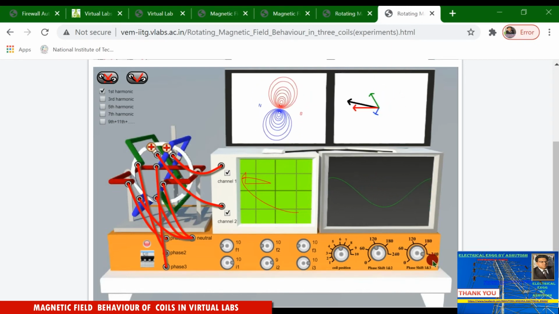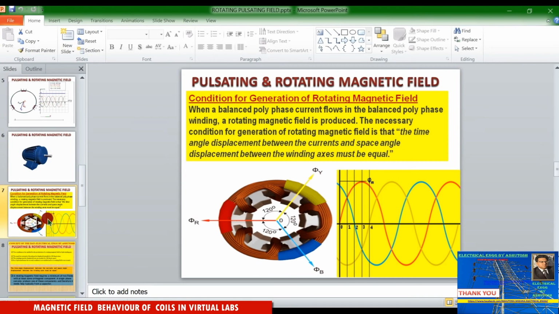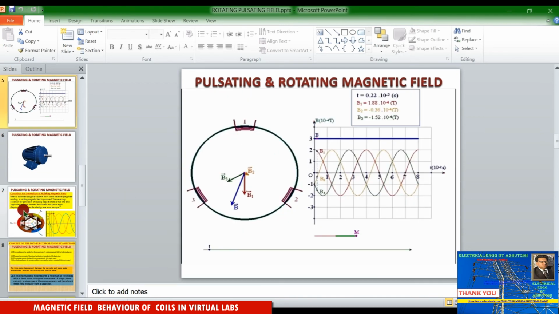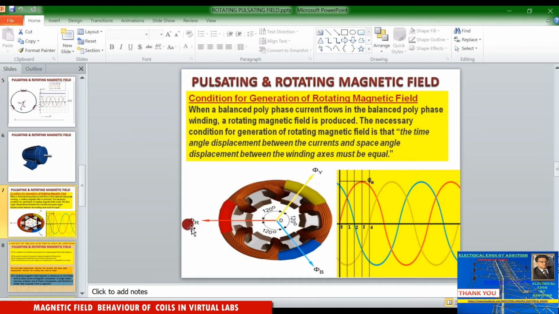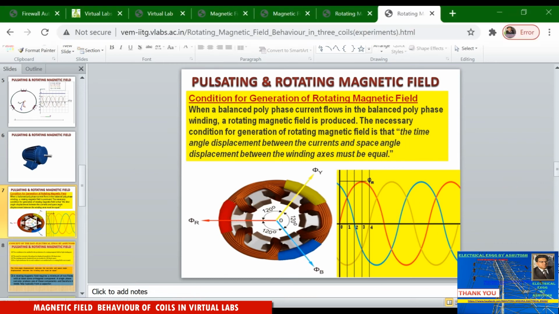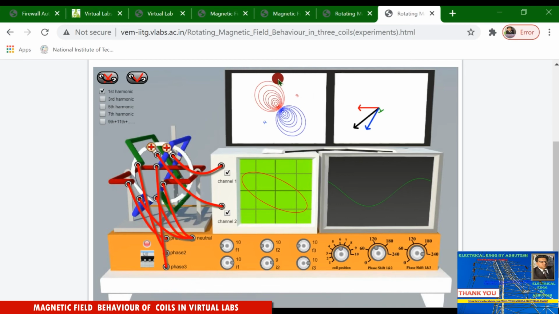So now you can see this is called rotating magnetic field, because whenever the three phases R, Y, B are at 120-degree, a rotating magnetic field can be produced. The poles are rotating, and the black one is the resultant vector, and it is rotating.